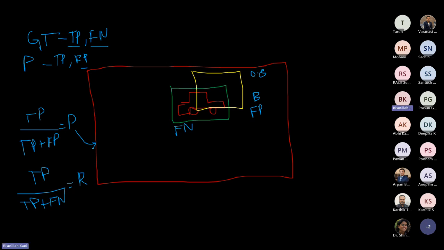So all these TPs are correctly predicted objects. These ones are the ones that got missed, completely missed by the model. These ones are the wrong predictions. False predictions, okay.